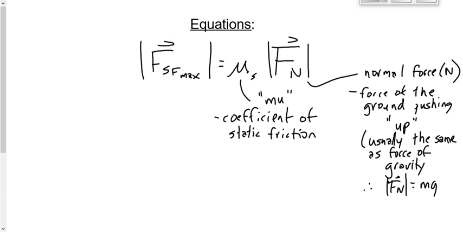What's g? 9.81. Mass times 9.81. For all the questions we're going to do over the next several days, it will be the same as gravity pushing down, m times 9.81. When we come across a situation where the normal force is not pushing up or is not m times 9.81, I'll let you know about that. I'll tell you that it's not the same as gravity, and I'll tell you why. But for now, just assume that it is.